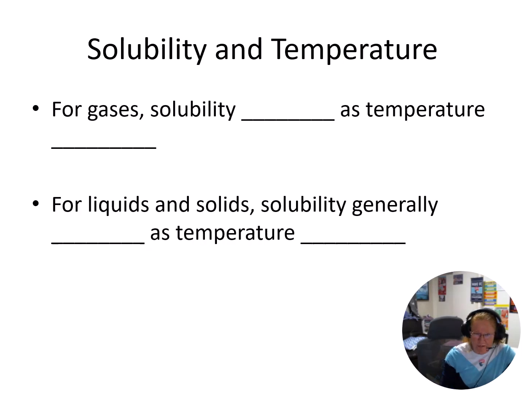Okay? Now, when I look at solubility and temperature, when I look at gases, the solubility decreases as the temperature increases. But when I look at liquids and solids, generally speaking, solubility generally increases as temperature increases.